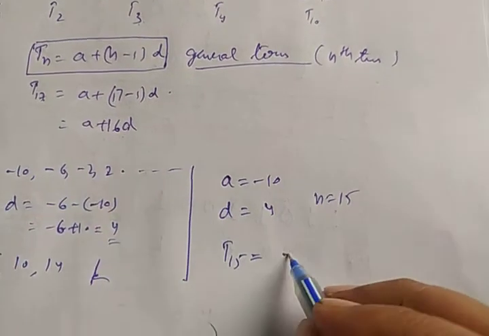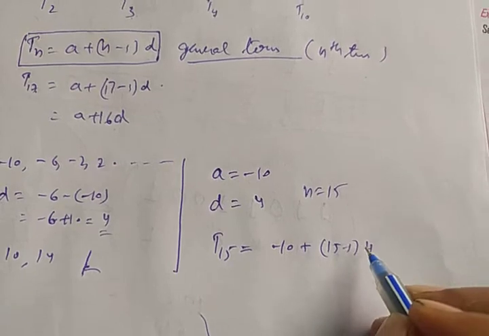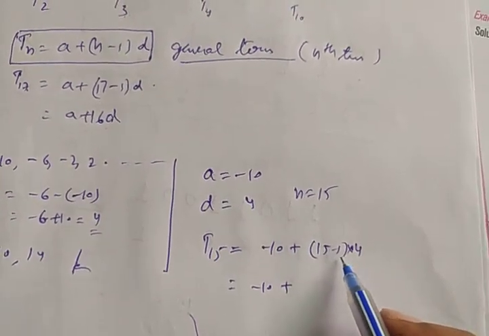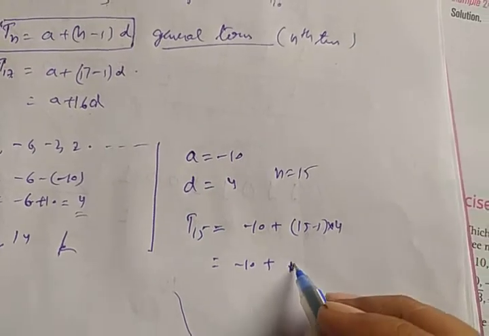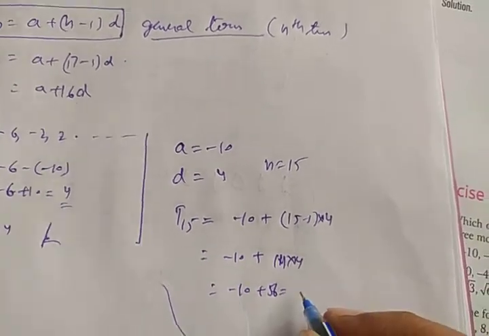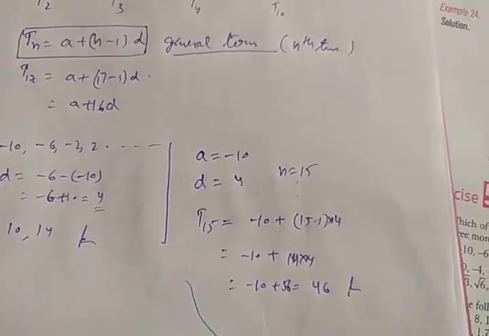This means minus 10 plus 15 minus 1 into 4, minus 10 plus 14 into 4, 14 into 4 is 56, so 46. This is the answer. In this way you can calculate.